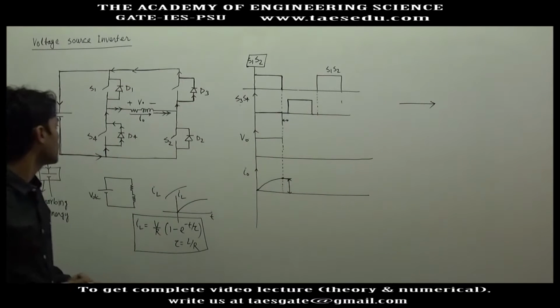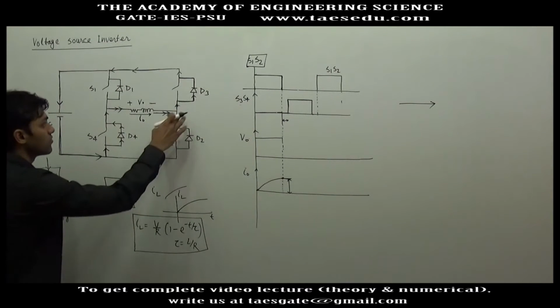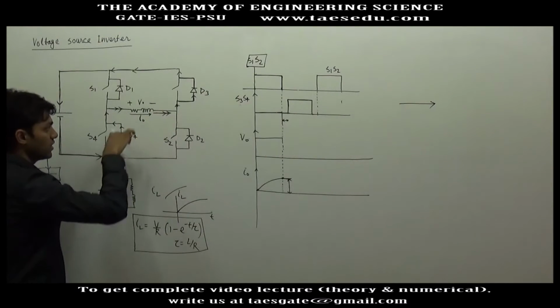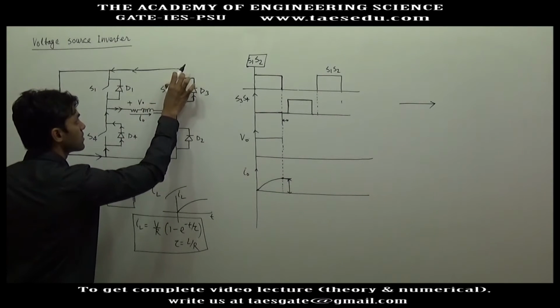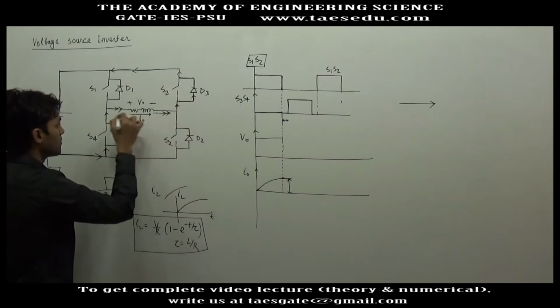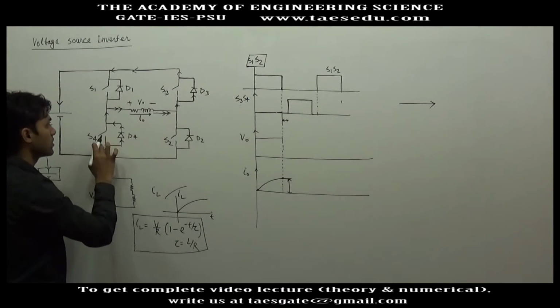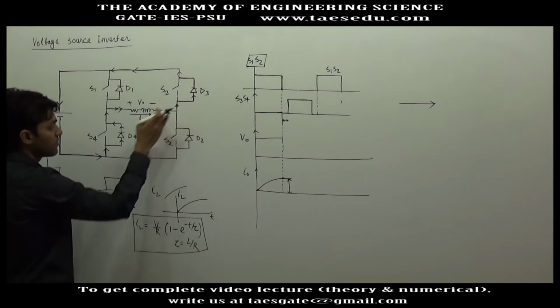And whenever D3 and D4 are conducting, what will be the output voltage? D3 and D4 are connected in the negative leg. So here the negative leg is conducting. Either S3, S4 conducts, in this situation we say the negative leg is conducting, or in place of S3, S4, if D3, D4 are conducting, we again have the same thing, the negative leg is conducting.